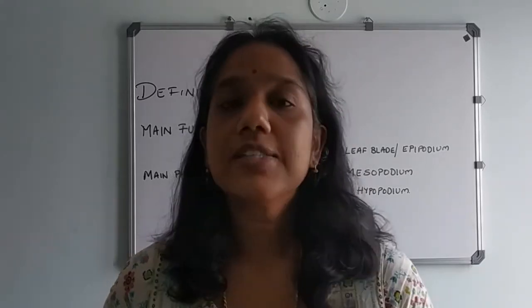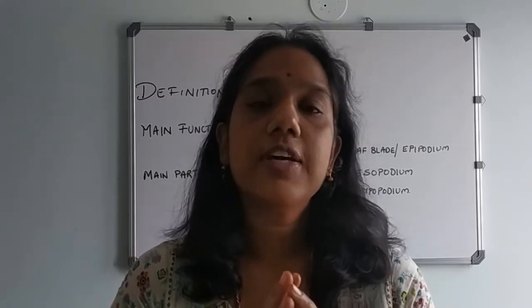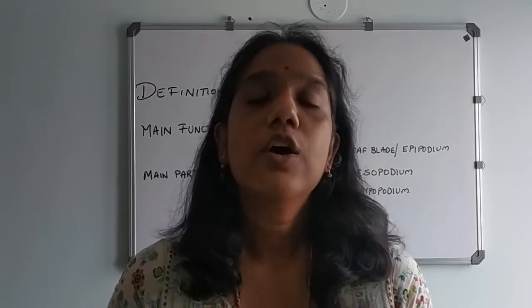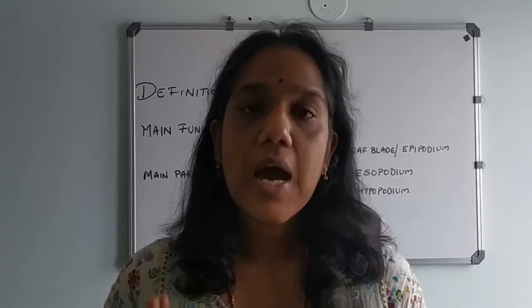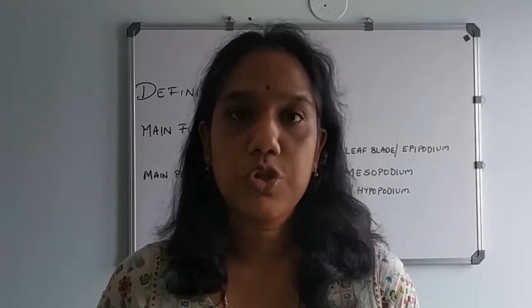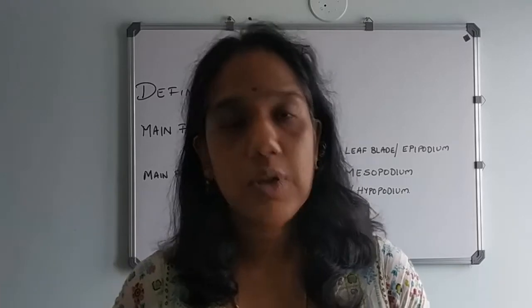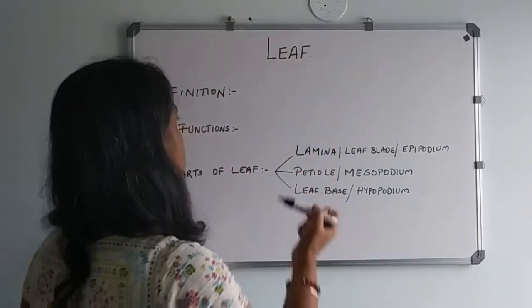So leaf is called a flattened photosynthetic appendage attached to the stem at the nodes of the stem. Okay, so I will just write it down for you here.